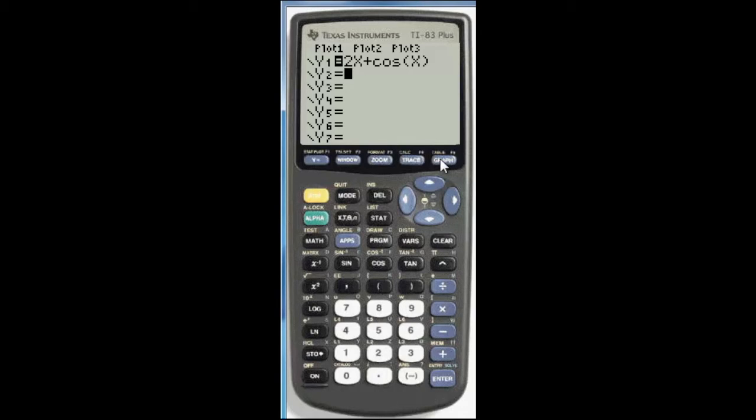Now go to the window, because we're looking at the interval from negative pi over 2 to pi over 2. So we can use this, but let's go ahead and make it a little more concise. Let's make this negative 3 pi. To get to pi, it's just second and then right above the caret.